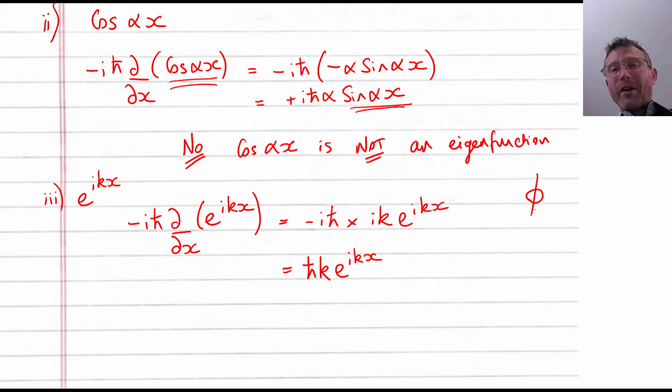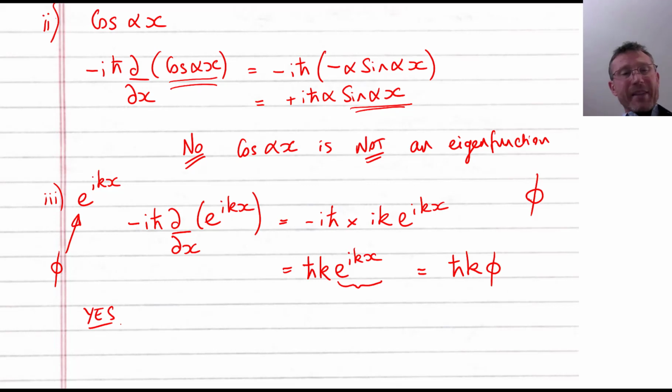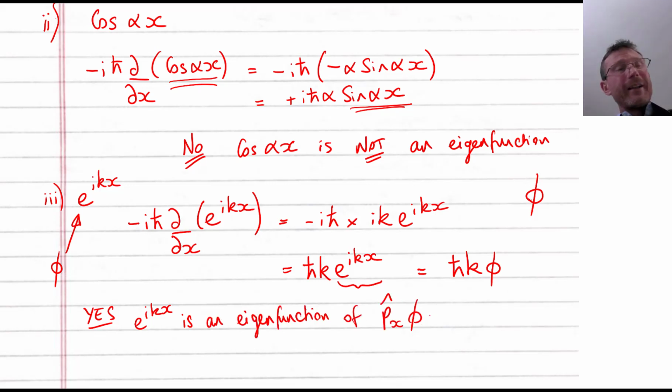Remember, we're looking for this wave function, the wave function that we started with, and here it is. So we can also say this is equal to h bar k times that wave function. And so the answer here will be yes, a resounding yes. e to the i k x is an eigenfunction of p x phi equals p phi.